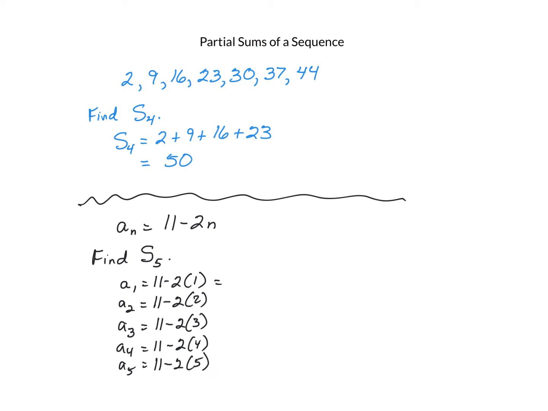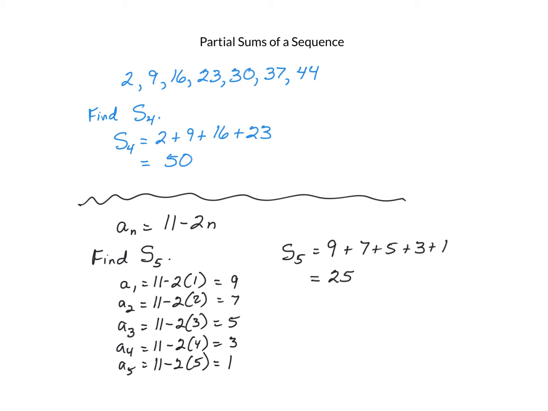We'll have 9 and 7 and 5 and 3 and 1. So the fifth partial sum would be the sum of those numbers, 9 plus 7 plus 5 plus 3 plus 1, which is equal to 25. So the fifth partial sum of the sequence that's defined by this formula right here is equal to 25.